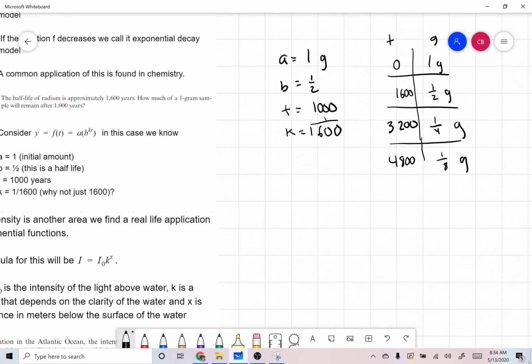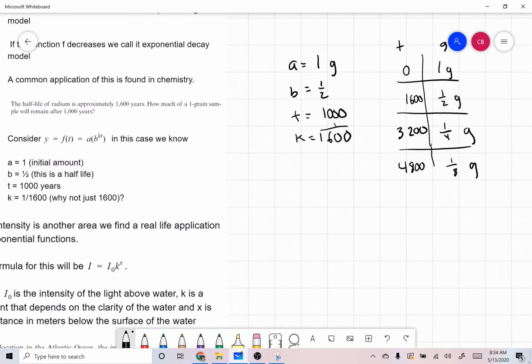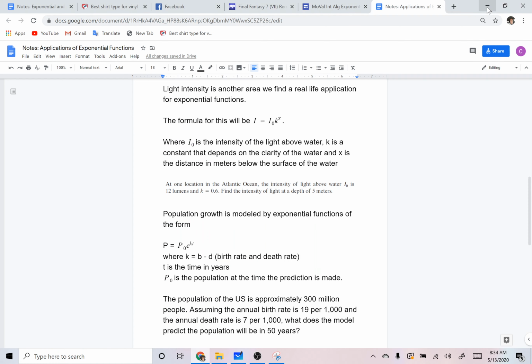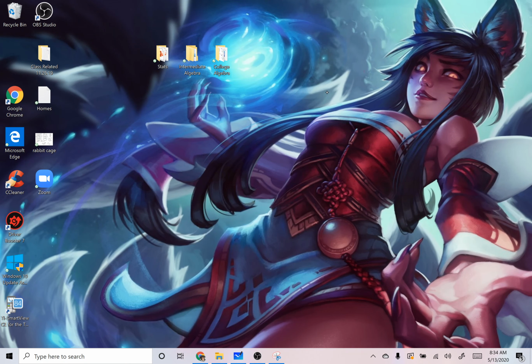And so with that being said, we have 1,000 years passing. So we're going to need that calculator.